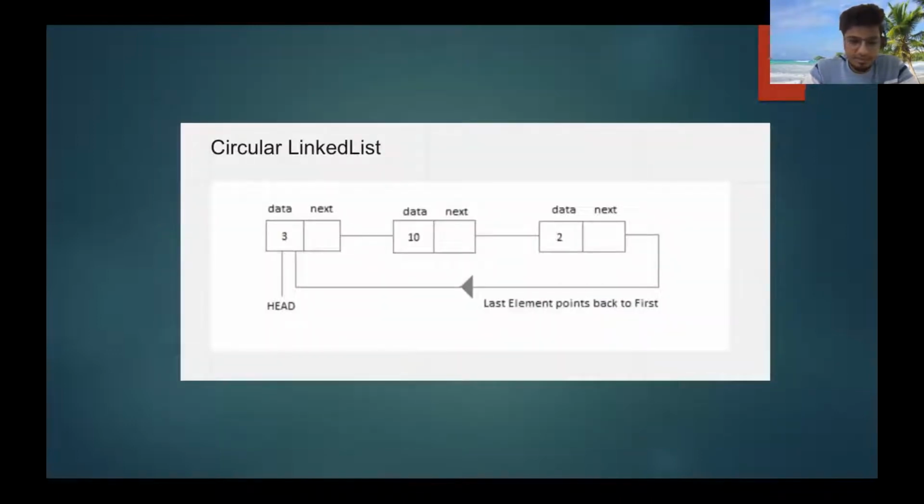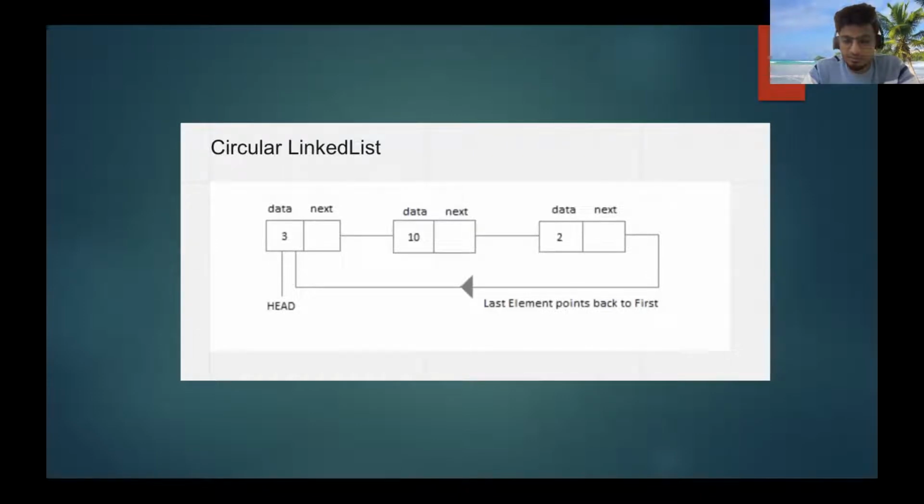The next one is your circular linked list. In circular linked list, you can implement it using singly linked list or doubly linked list. The thing here is the last node in the list will point to the first node of the list. Basically, the last node's next pointer will point to the first node of the list. This is the example for your playlist.